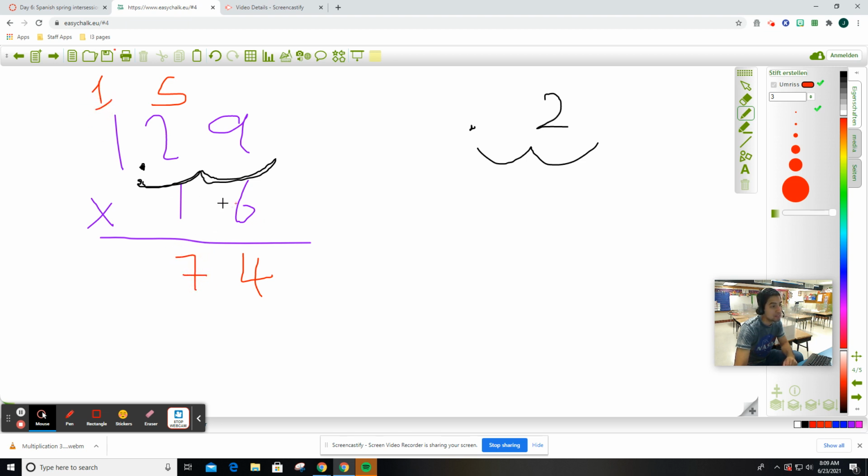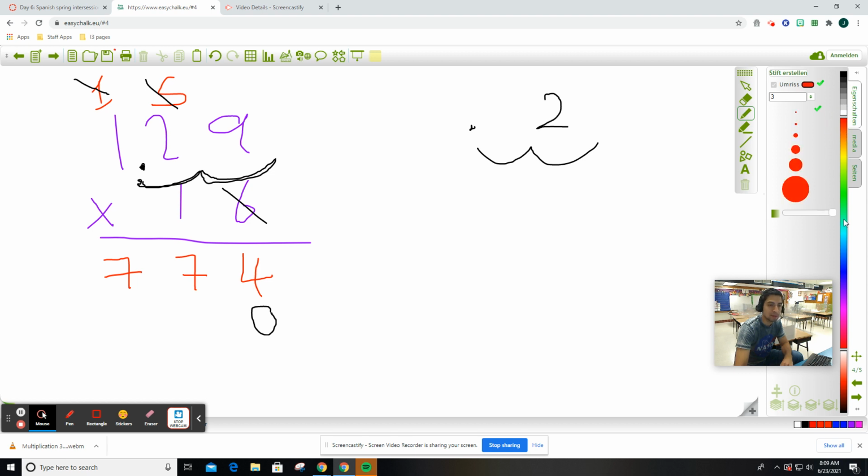And I'm going to multiply 6 times 1, which is 6, plus 1, that's going to be 7. So now I cross off what I regrouped, and I put my placeholder there, like I normally would.